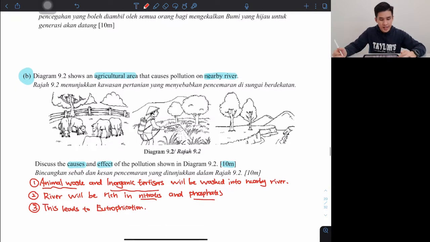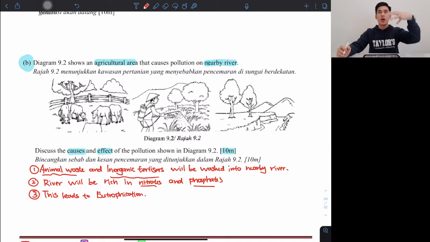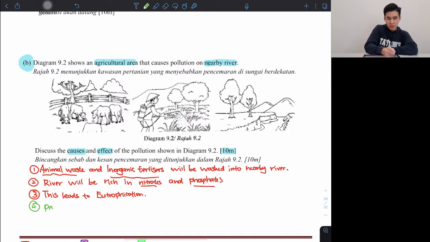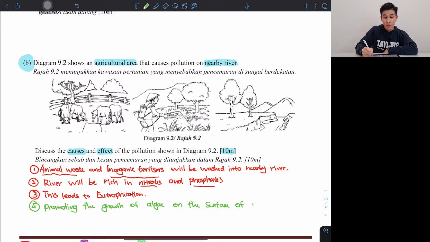Okay, and then algae will start to grow, right? So algae growth actually is supposed to be under effect already lah. Then you can say, hence promoting the growth of algae on the surface of the river.